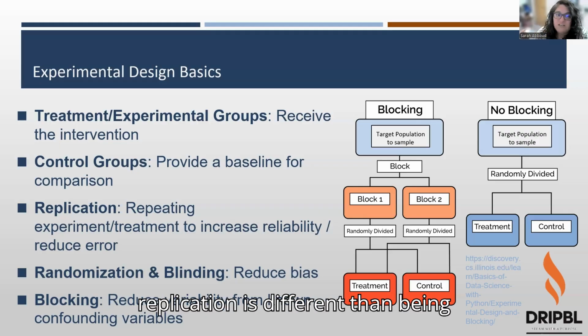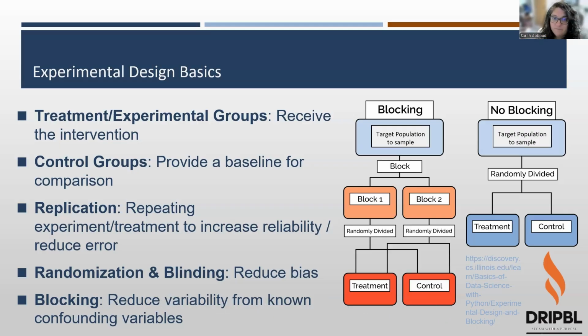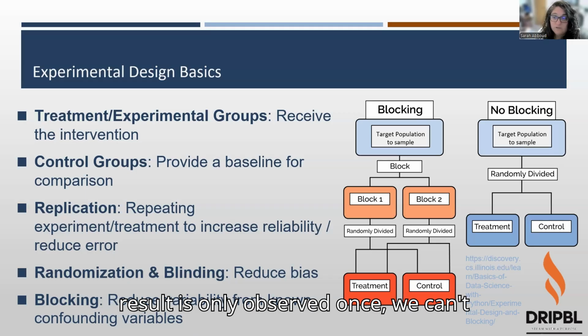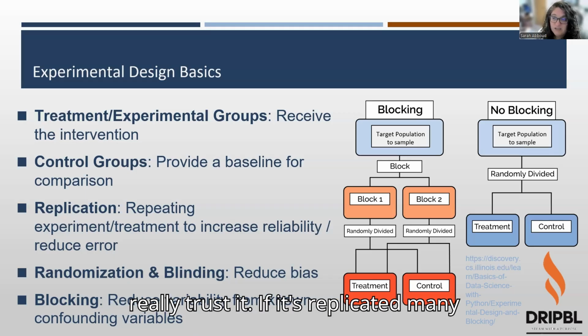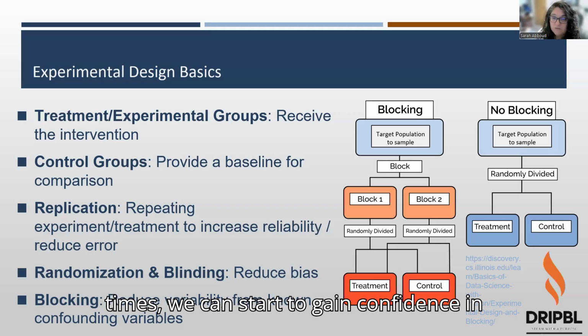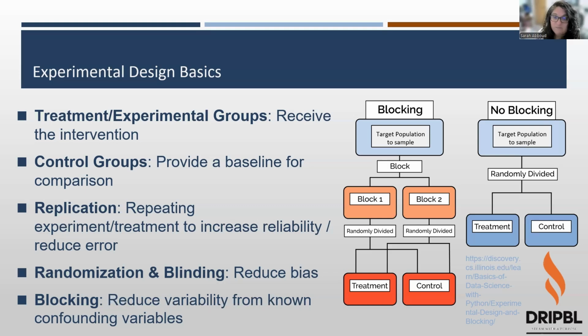So replication is different than being able to reproduce the study. It's based on the main idea that if a result is only observed once, we can't really trust it. If it's replicated many times, we can start to gain confidence in it.